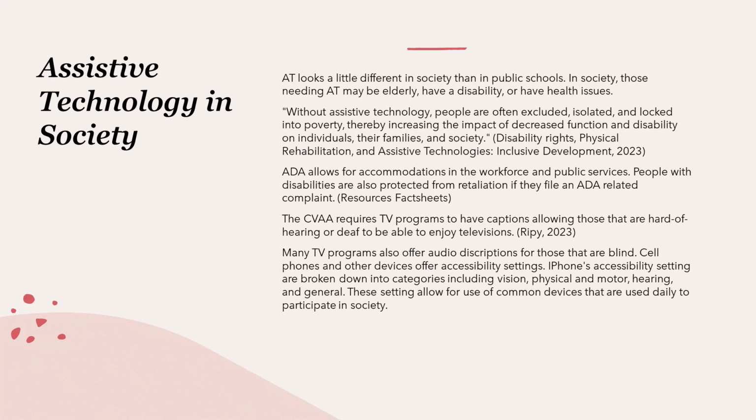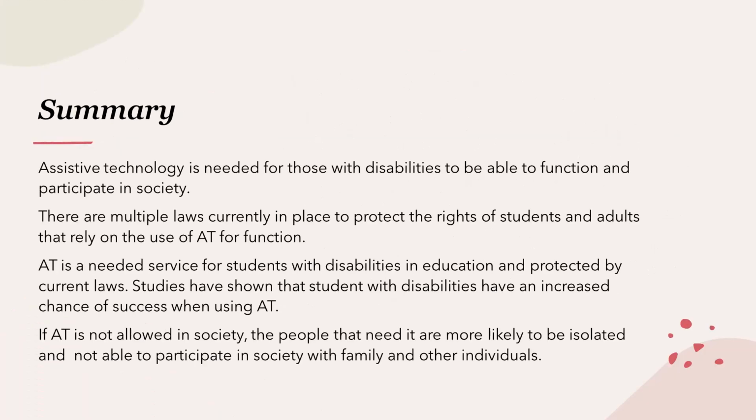While it may not seem important, having these, even just a little accessibility, makes a significant change in a person's life. In summary, assistive technology is needed for those with disabilities to be able to function and participate in society.